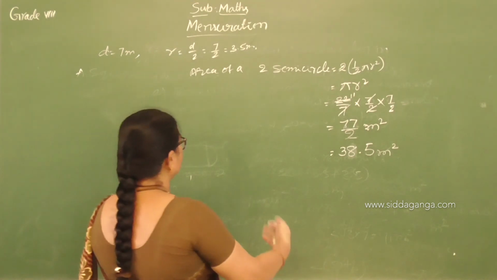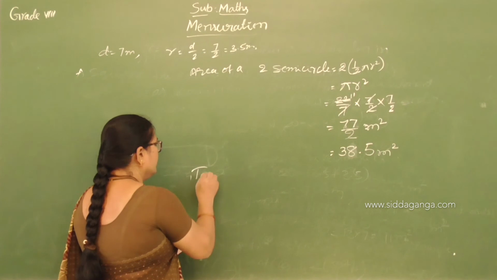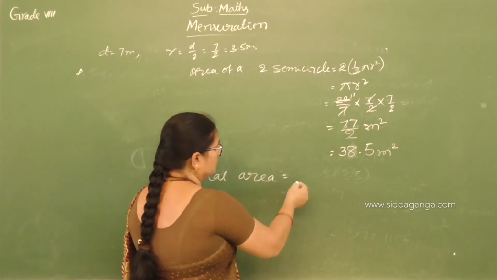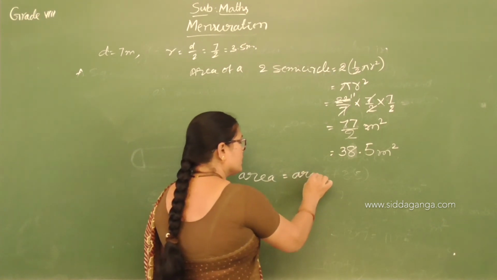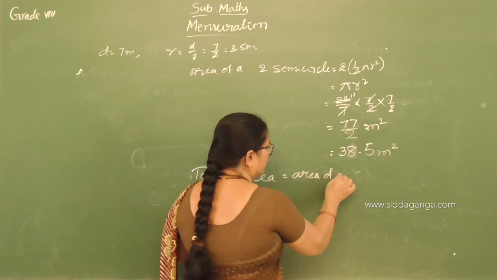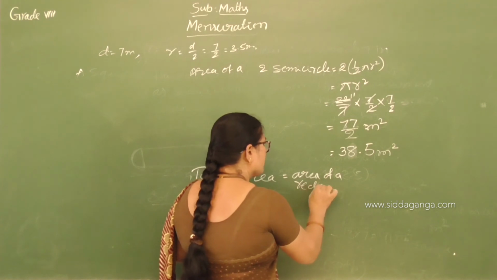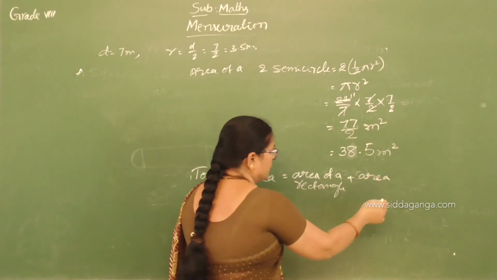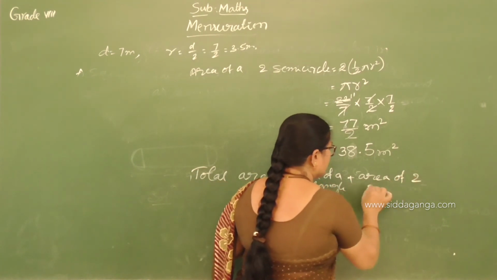So next we have to find out the total area of the garden. Total area is equal to area of a rectangle plus area of two semicircles.